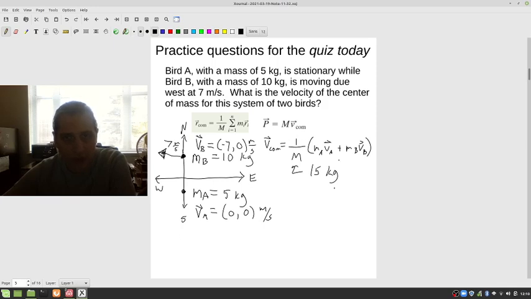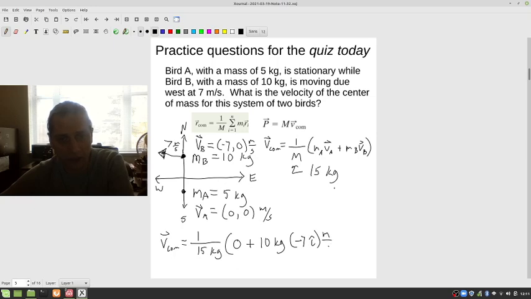And so if I wanted to set up this center of mass equation, what I would do is V center of mass equals 1 over 15 kilograms times mass of A times V of A. This is just 0, plus mass of B times V of B. This would be something like 10 kilograms times, and this is I and J, so let's say minus 7I meters per second.